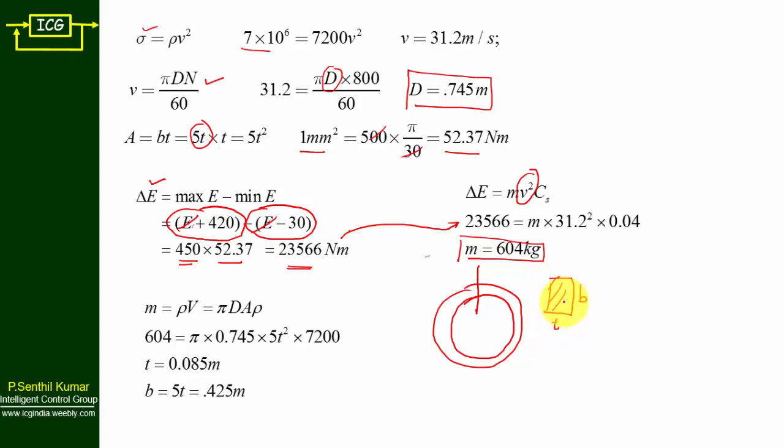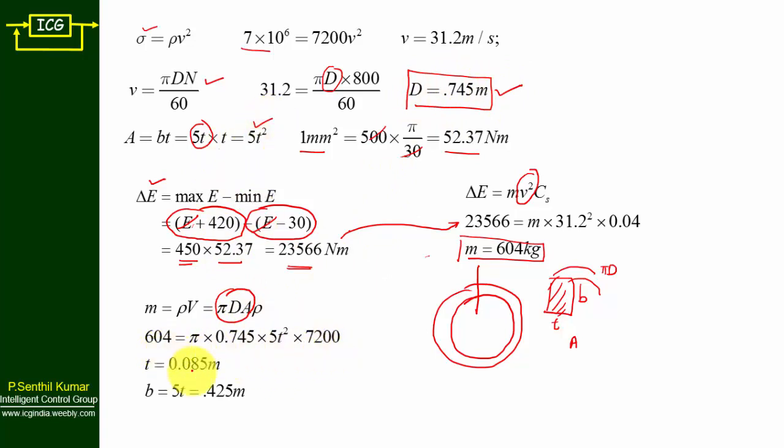Take this portion and the circumference of the circle, pi D. Multiplying these three parameters, thickness, breadth and circumference, gives you pi D A, which is nothing but the volume of the flywheel. So pi, diameter 0.745 will be here, then area 5t squared, into 7200.